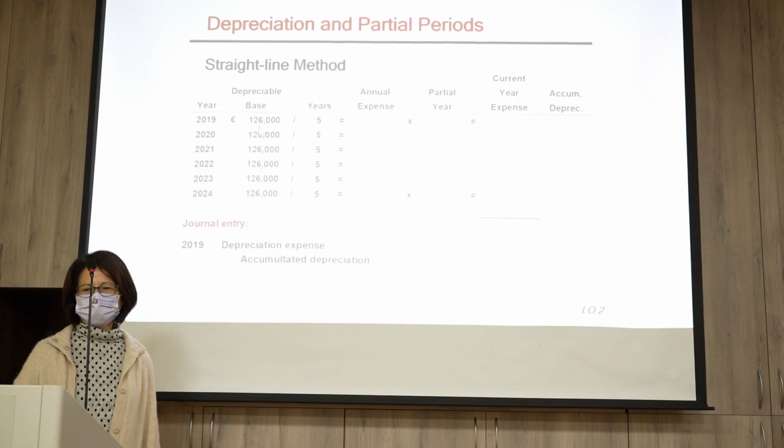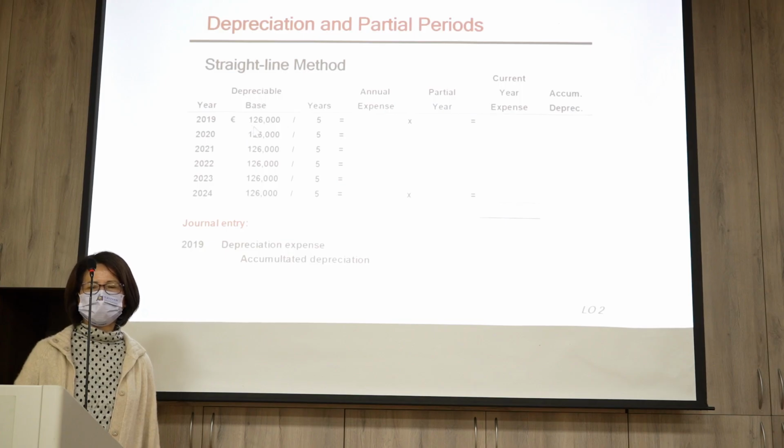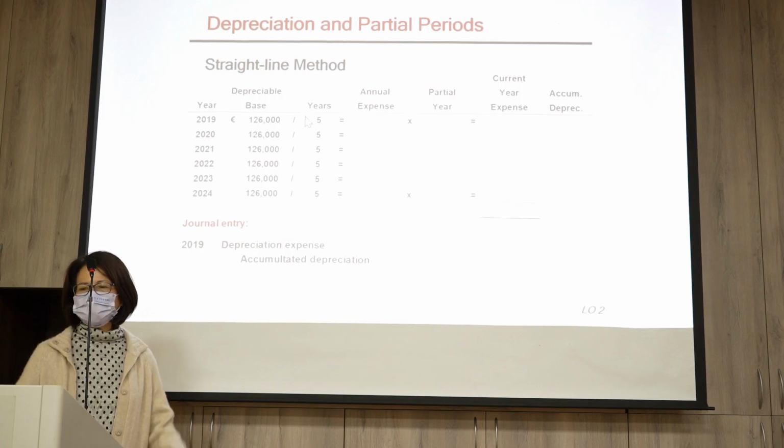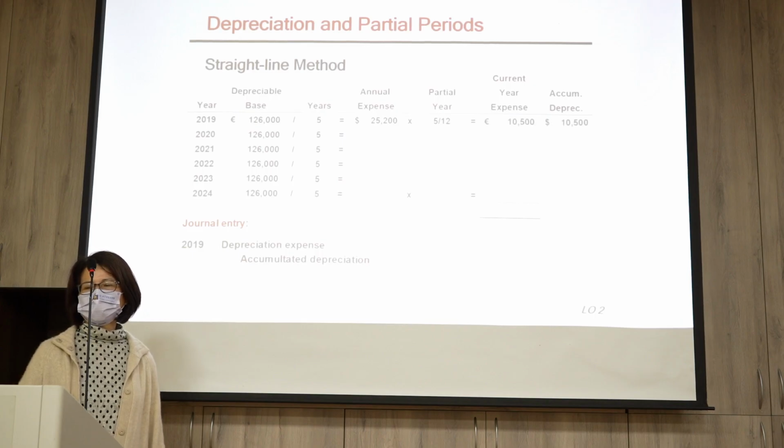So you take the cost of 150 minus 24 residual value. So you have a depreciable base of 126, multiplied by 5 and divided by 12. Right? So that is the first year.